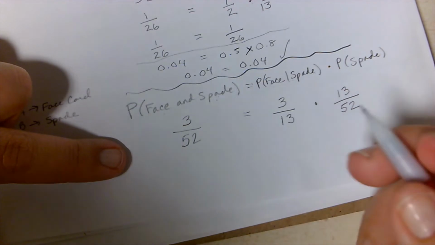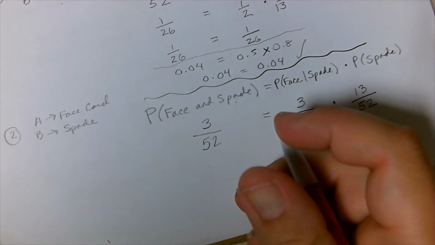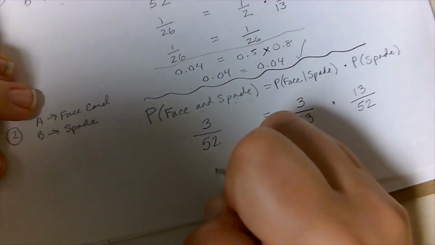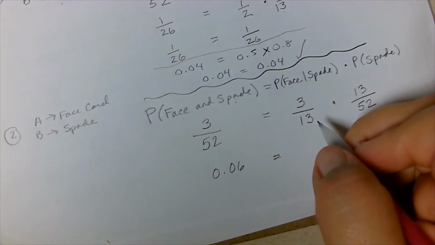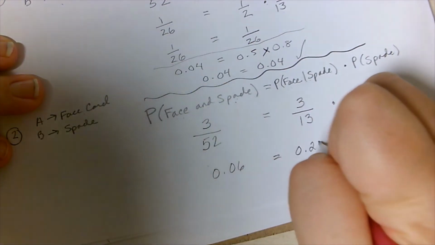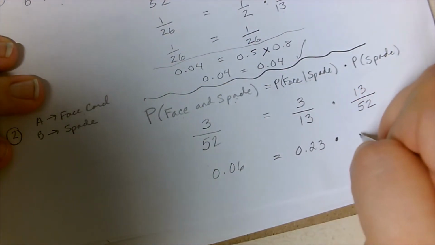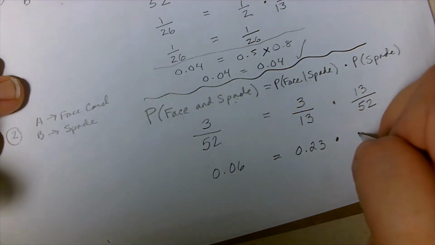Let's do this one using the decimal. So 3 out of 52, 3 divided by 52 is 0.057, which is 0.06. 3 out of 13 is 0.23. And I want to multiply that times 13 out of 52, which is 0.25.